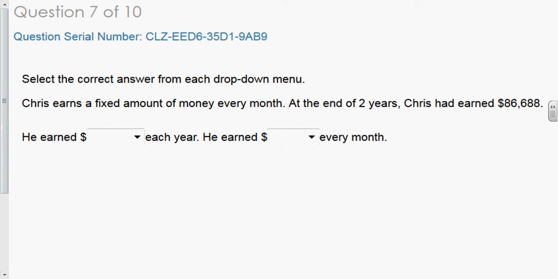So if he earns 86,688 in 2 years, then we divide 2 into that, and that gives us how much he earns in 1 year. And that comes out to be $43,344. So he's doing pretty good.